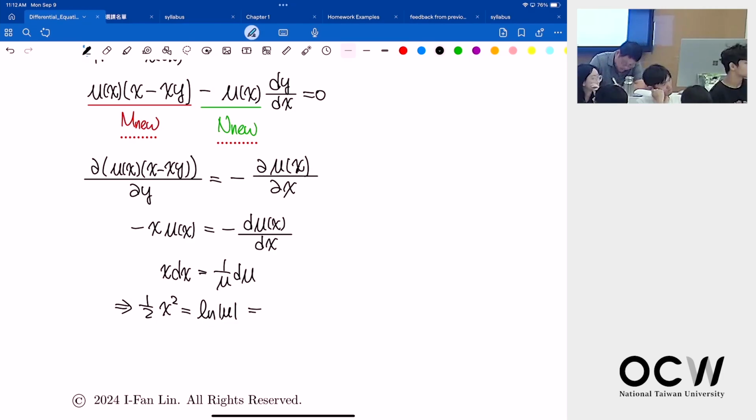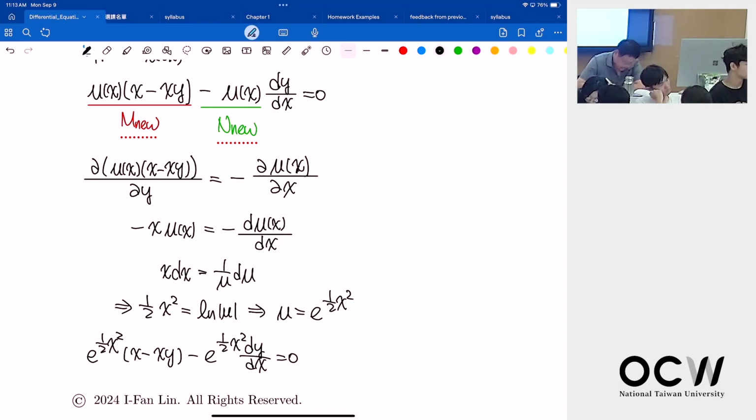So your mu is exponential to the 1/2 x squared. Then you can check this mu times the original function, and this function is exact. This is exact.